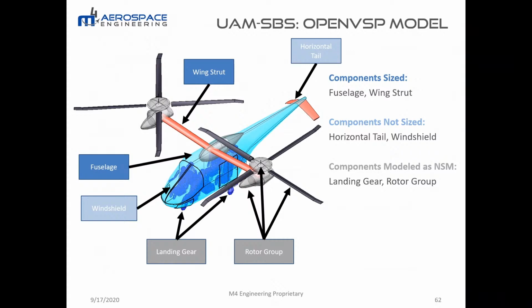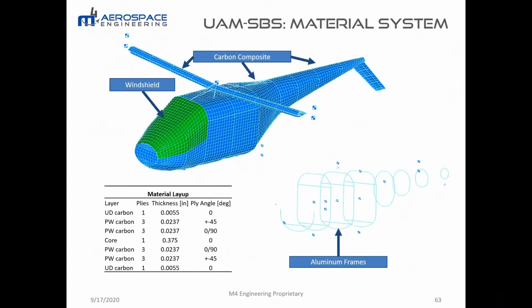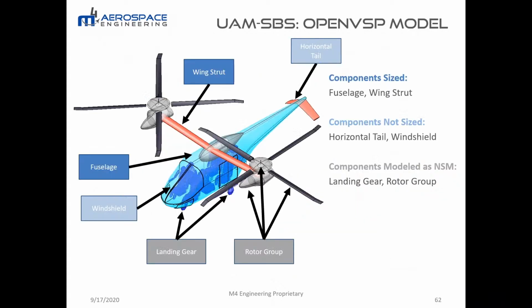We're also going to mesh some components but leave them at their baseline values and not size them in the optimization. Here we're doing the horizontal tail and the windshield, which is that front portion of the fuselage. Then we've got some other components that we're not going to model structures for, but we are going to include as non-structural masses: the landing gear, the rotors, the engines, and things like that.